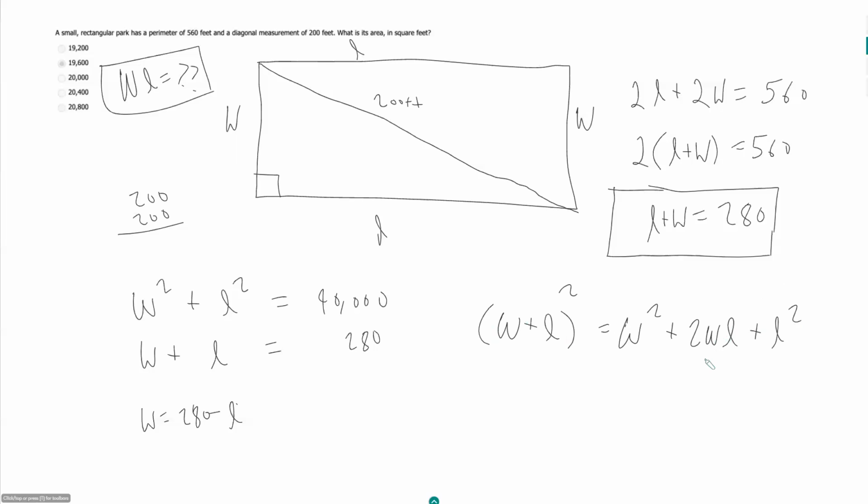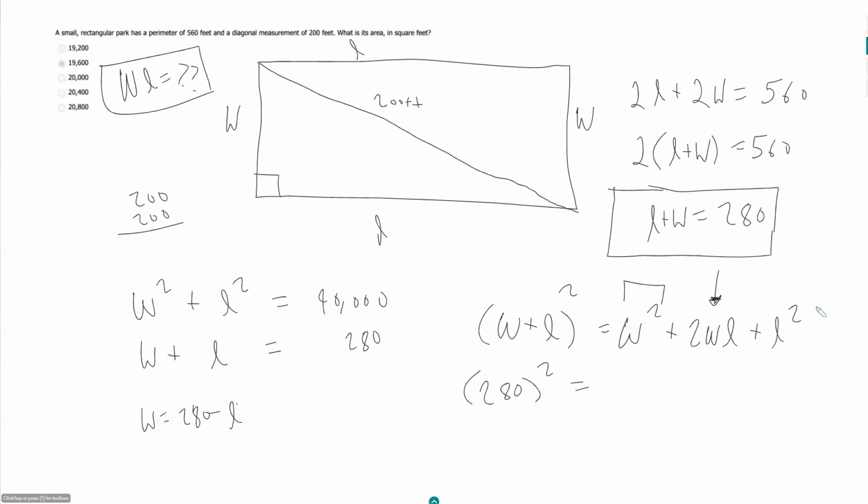The reason this came to mind is that if we're looking for WL, now I have WL appearing in my equation. The W plus L is 280, so 280 squared should be equal to this.